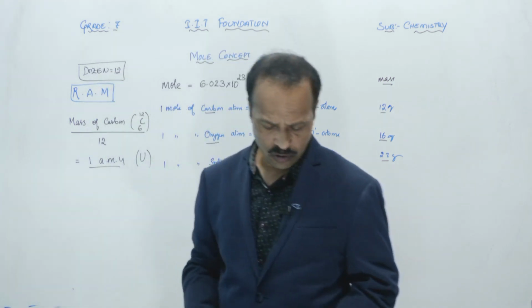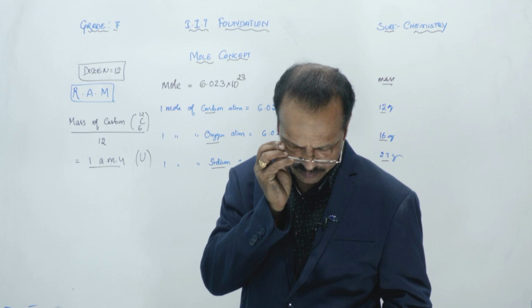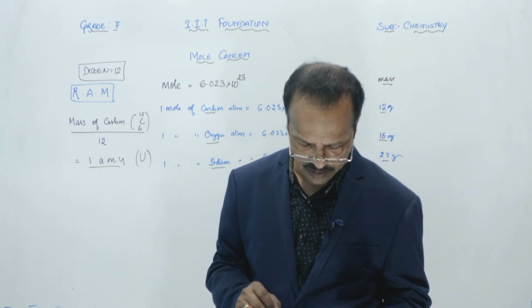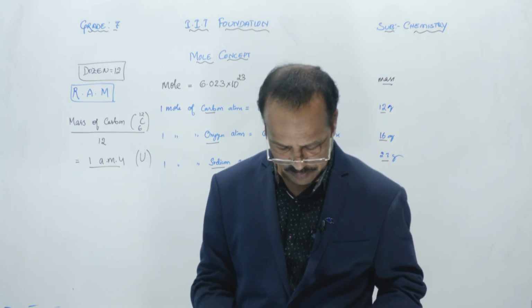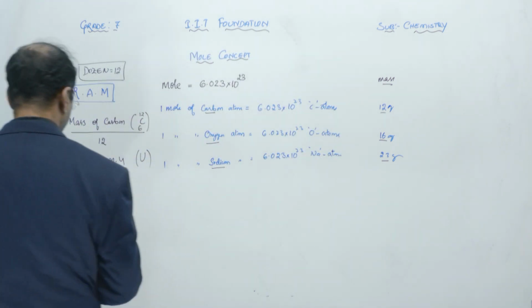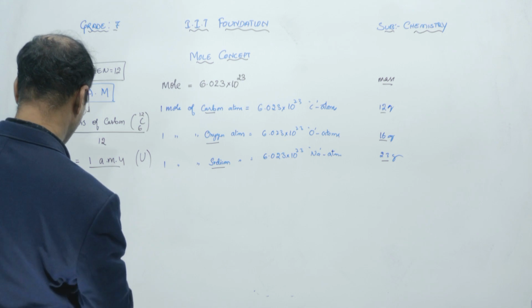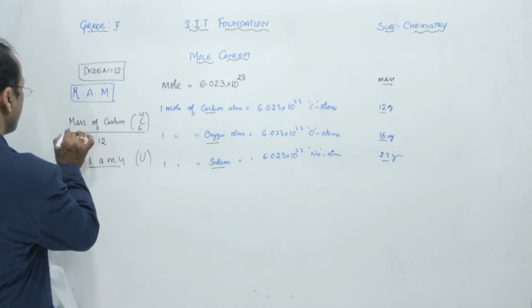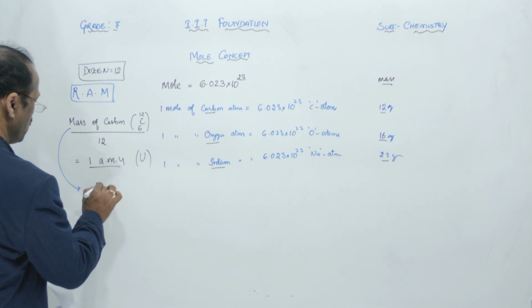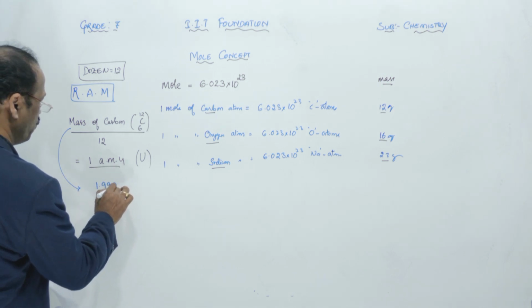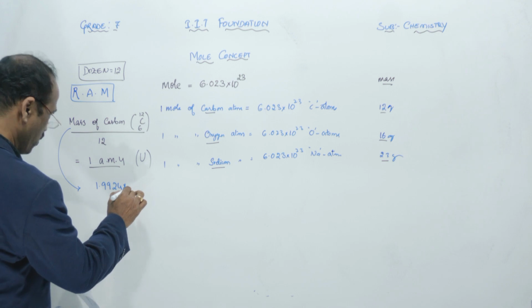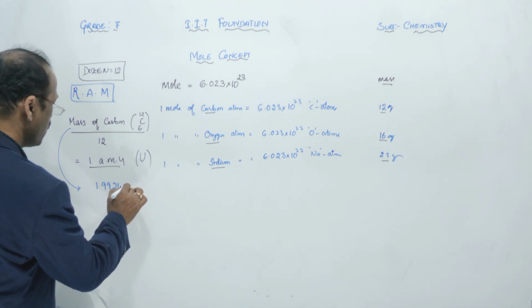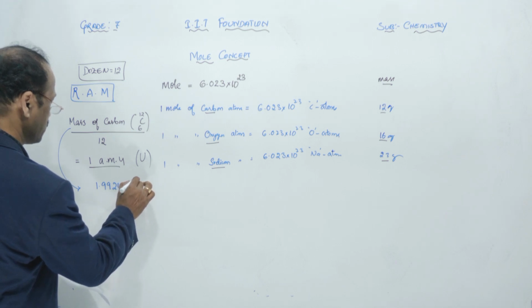If you want to express this in grams, it will be very, very less. Here it is given, the mass of one carbon is 1.9924 into 10 to the power of minus 23 grams.